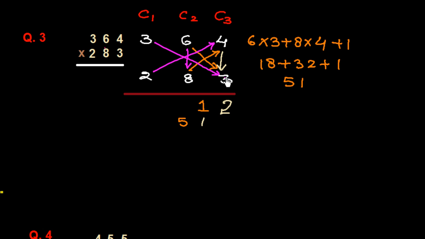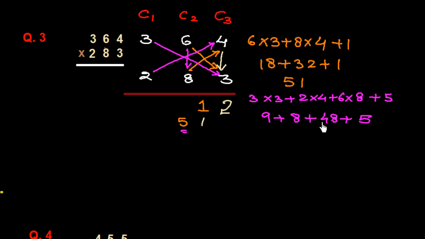So I multiply this 3 3 times, plus 2 4 times, plus 6 8 times, plus carried number 5. 3 3 times 9, 2 4 times 8, 6 8 times 48 plus 5. So here you see 9 plus 8, 17, plus 48, 65, plus 5, 70. So we got here 70. I write down here 0 and 7 carried.